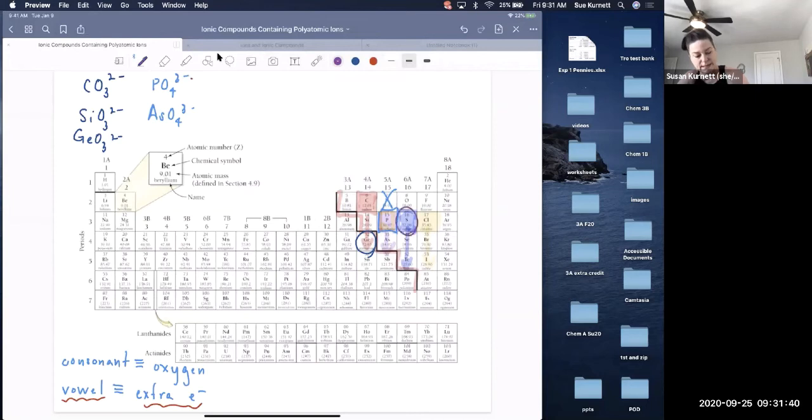Okay, here's sulfur. Sulfur has a very stable oxyanion, oxygen-containing anion, that's called an ate. Selenium and tellurium are below it, and so when they form ates, selenate, tellurate, same number of oxygens, same charge.